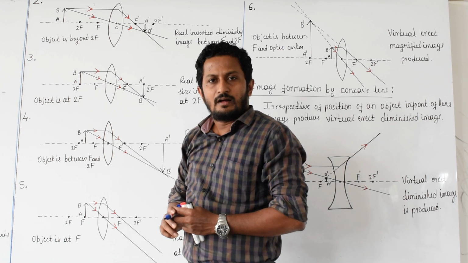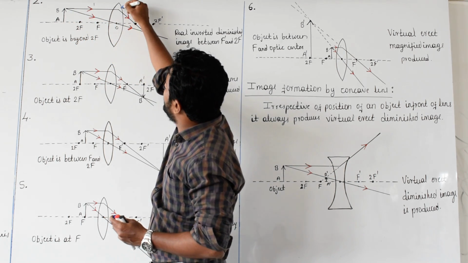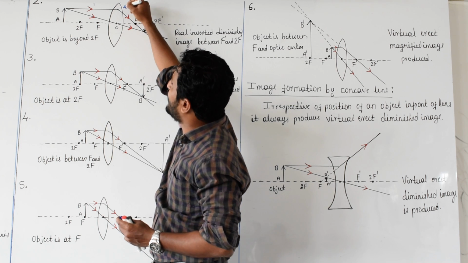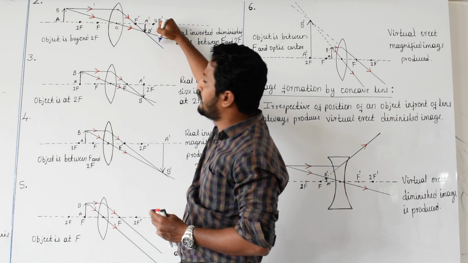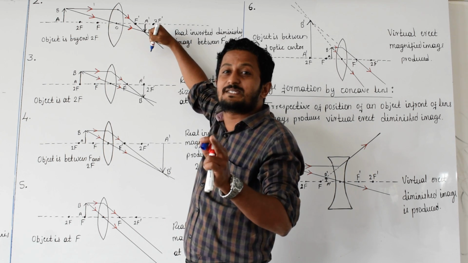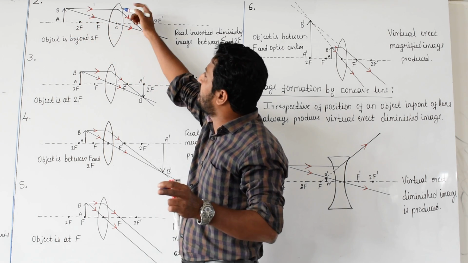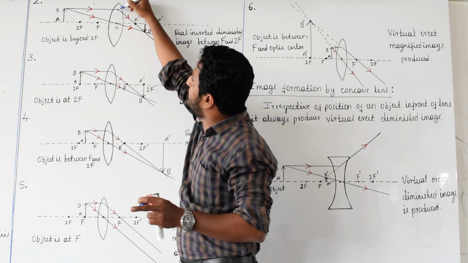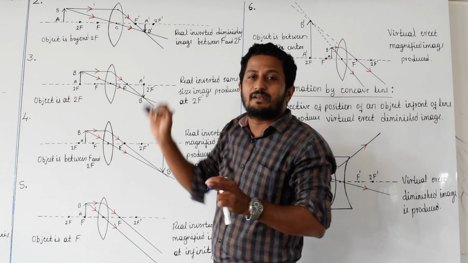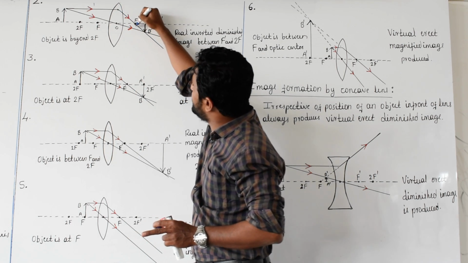A light ray which is coming parallel, after getting refracted by the convex lens, passes through the principal focus. Here it passes. Getting what I mean to say?